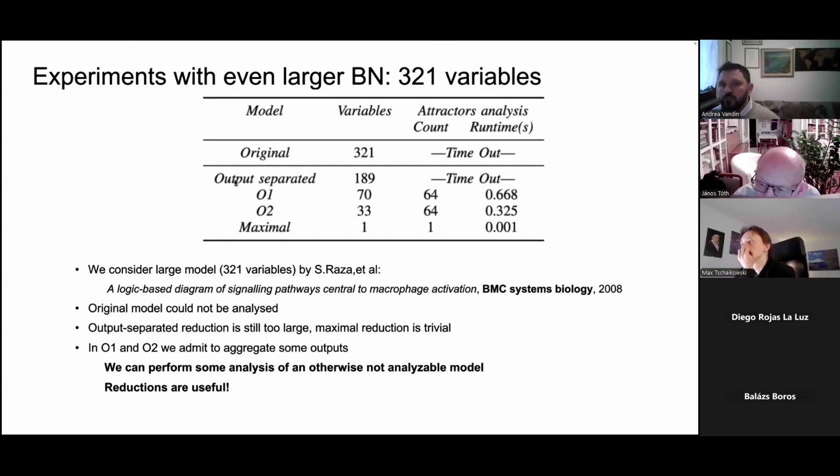Or put each variable into a separate block, which means preserve all single outputs, which from an external point of view means you don't lose any information on the outputs of the model. Or which is this one, maximal. Or we try to preserve only some of these outputs and we get larger reductions. So in this case, original model could not be analyzed.